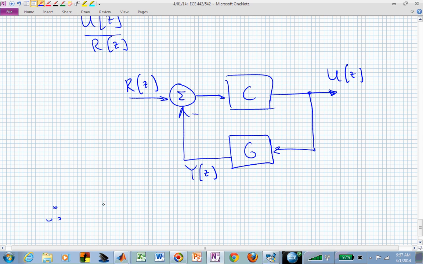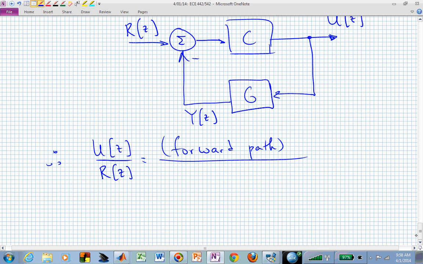We can say that the transfer function between R and U is just the forward path transfer function, which is, in this case, our controller, C, divided by 1 plus the forward path, C, times the feedback path, which is G in this re-sketched block diagram.